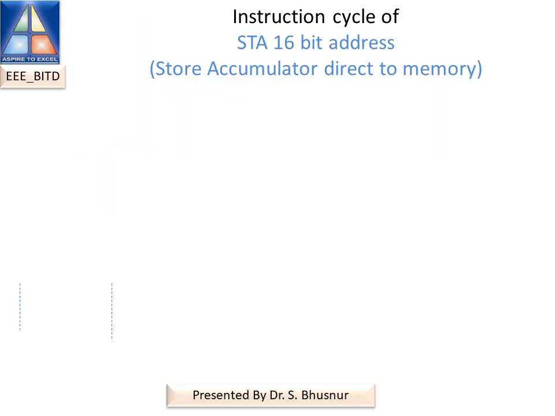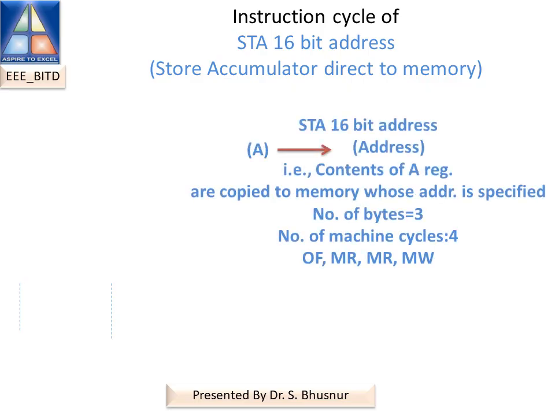In STA 16-bit address, it is just the opposite of LDA as far as the last machine cycle is concerned. If LDA has a last machine cycle of memory read, STA 16-bit address, which means store accumulator direct to memory, will perform a memory write machine cycle in the last operation, because a store operation is a memory write operation.